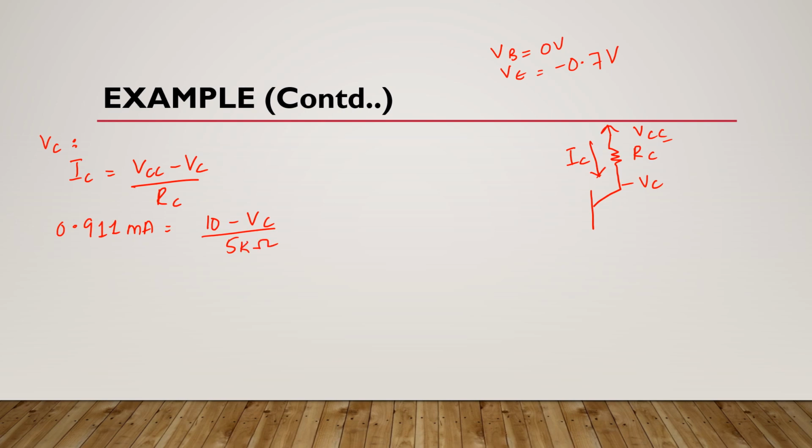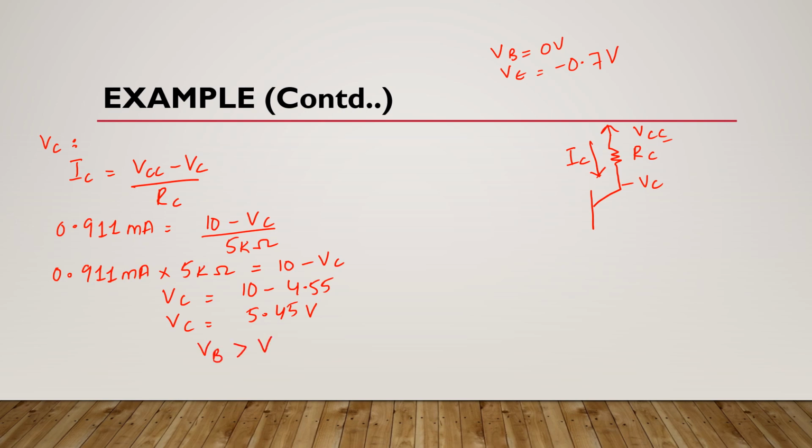Now if we rearrange this equation, in terms of VC it will be 10 minus 4.55, so this VC will be 5.45 volts.